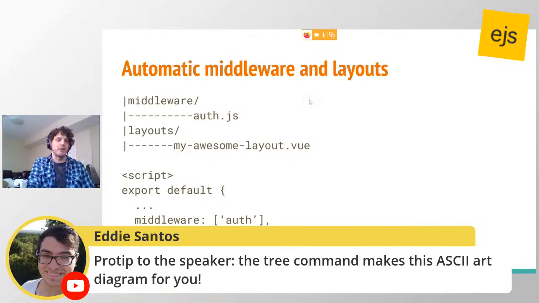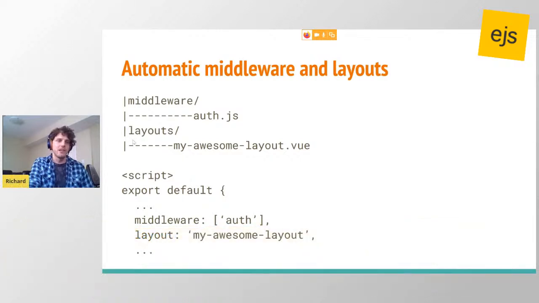But in Nuxt, we have two more folders we're given. One is middleware, which we can put in just JavaScript files, and one is layouts, where we will put in Vue files. So here I have a little snippet of just say a page component. So we have access to two more attributes. One is middleware, which we can put in arrays, so we can have a bunch of them. We can have a whole middleware pipeline. And the other is layout.